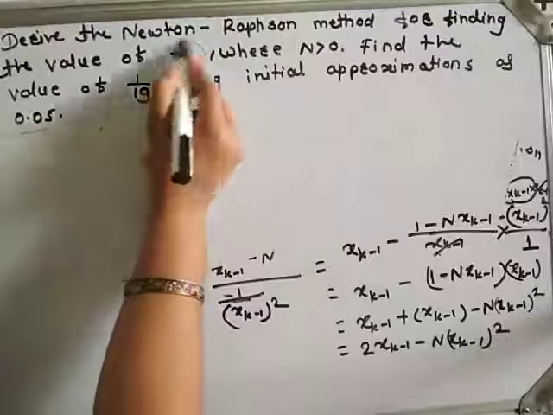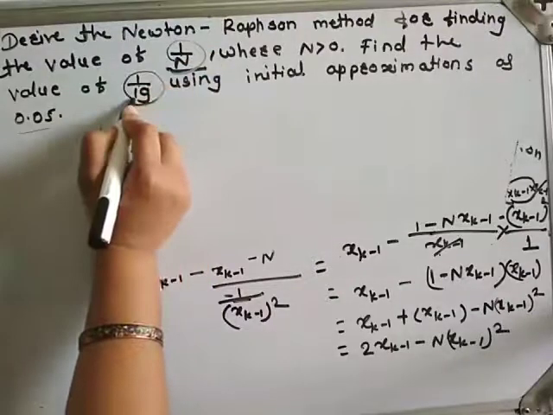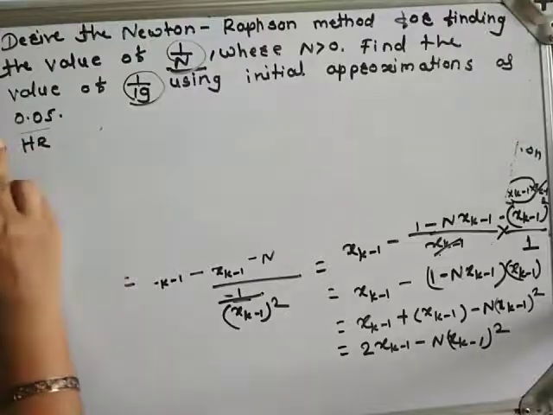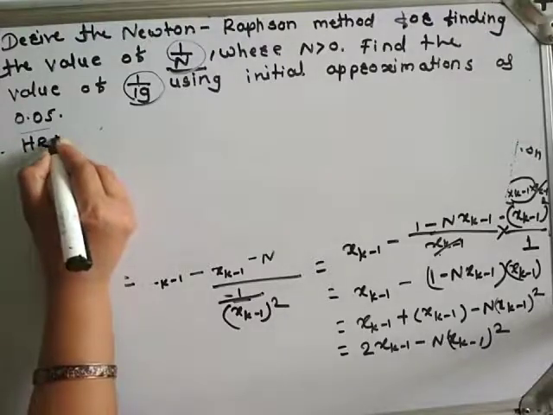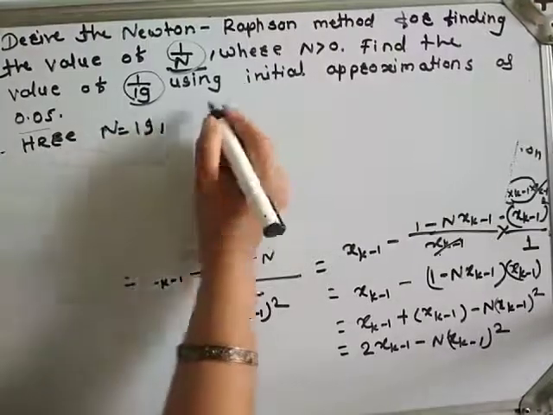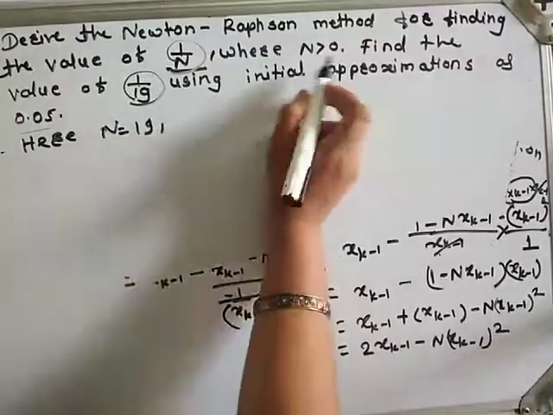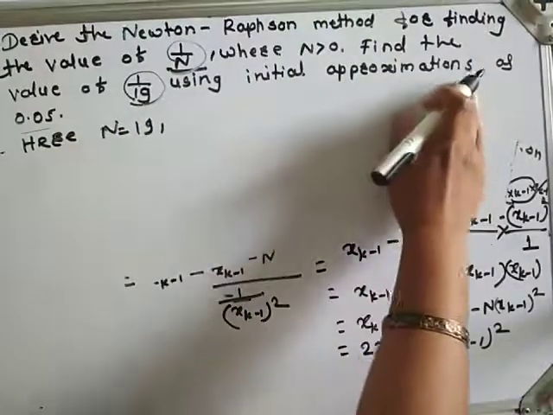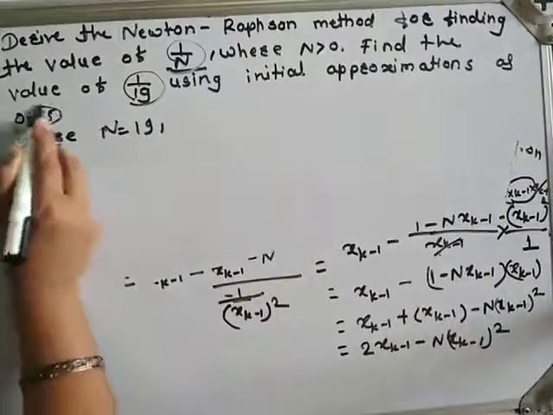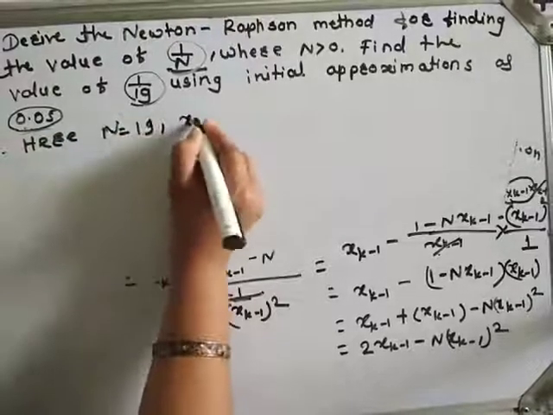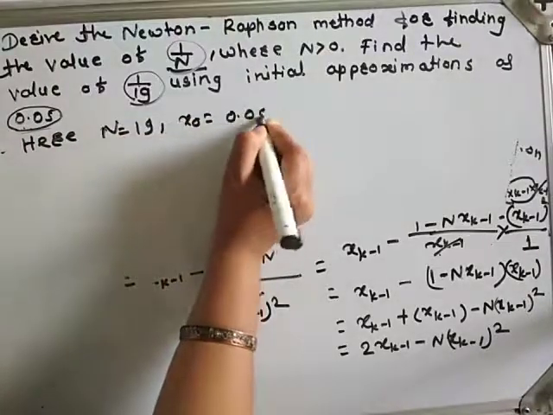Compare this 1 by n with 1 by 19. We get n is equal to 19. And we have to find the value of 1 by 19 using initial approximation as 0.05, which means here x0 is 0.05.